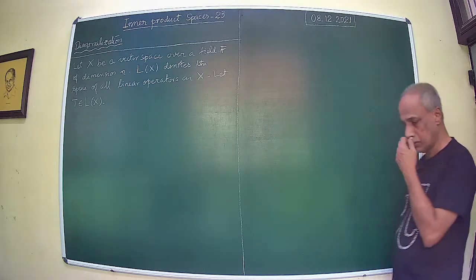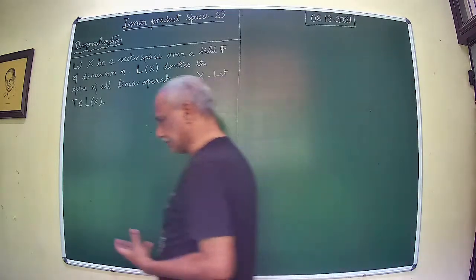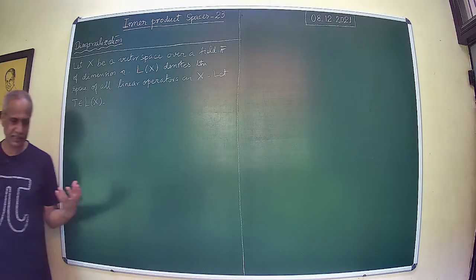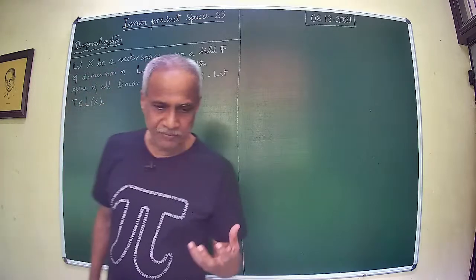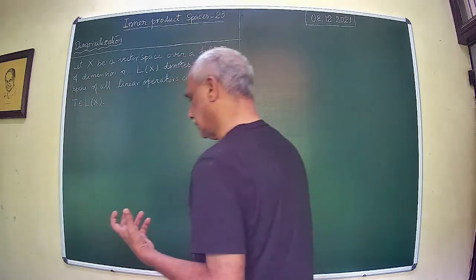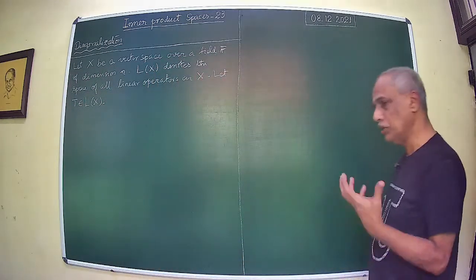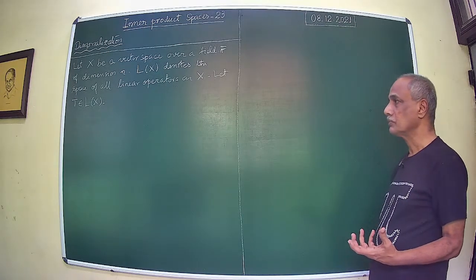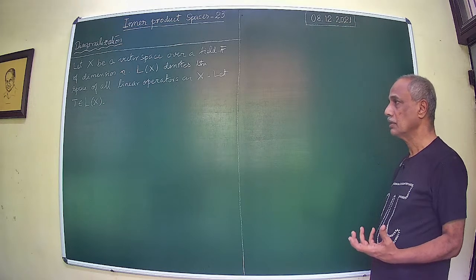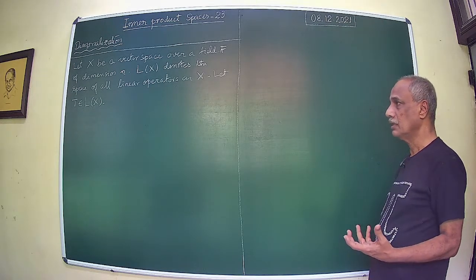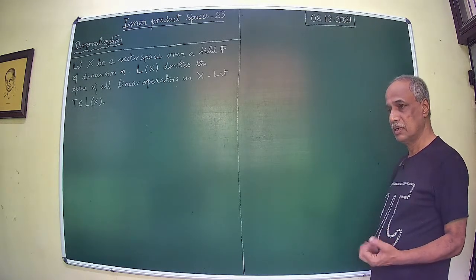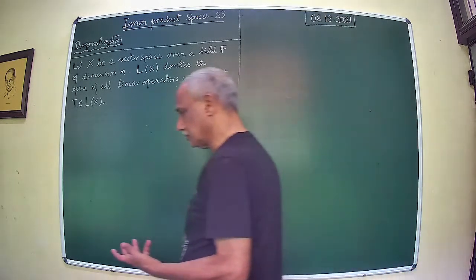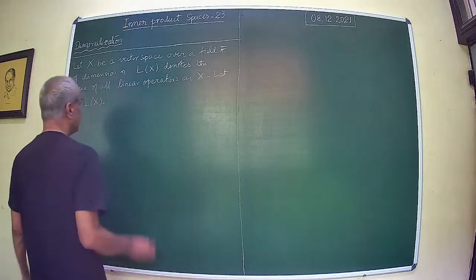Now we have seen that, recall this, every ordered basis induces an isomorphism from X to F^n.